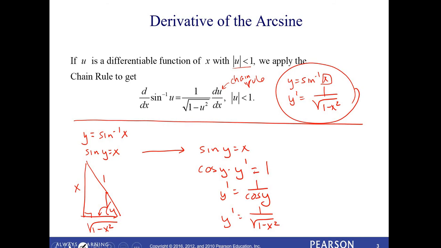So let's try one of these with the chain rule. Find, if y is sine inverse of 8x squared, find dy dx. So my u here is my 8x squared, as if you're doing integration by substitution. So y equals sine inverse of u, and u is 8x squared. So there's what the breakdown is.